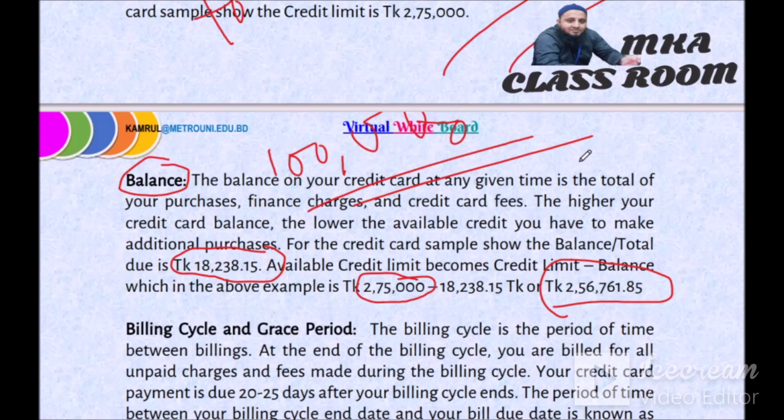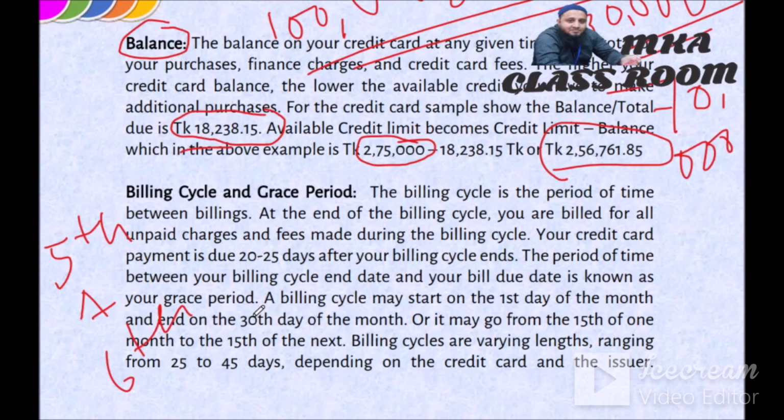So you have to pay the next month, as if you purchase on the 5th of August, you have to pay this 18,000 taka bill on September 6th. Your billing period should be from the 6th of September to the last day of September. That is our billing cycle and grace period.